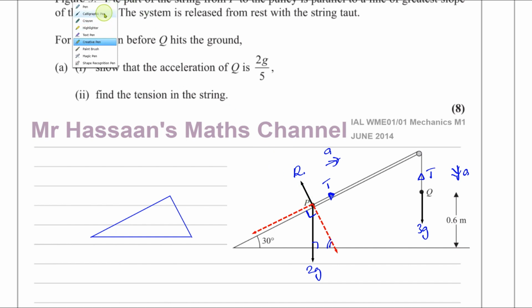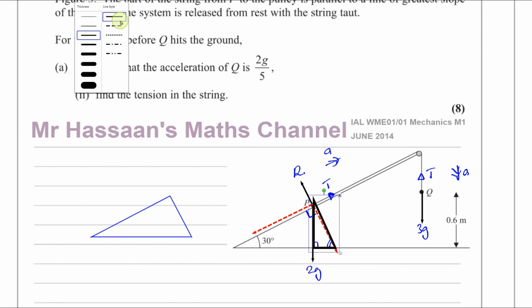Okay, this is the one. So let me see if this will. Yes, okay. So I'll just make it a bit thinner, and I'll make it blue.